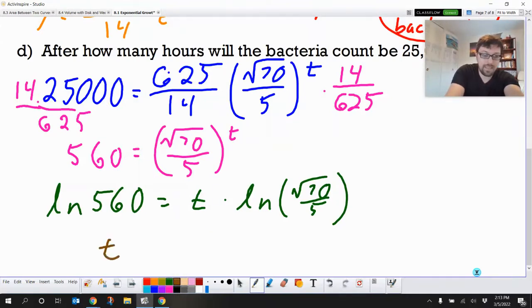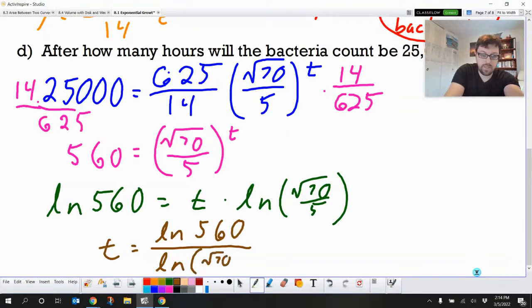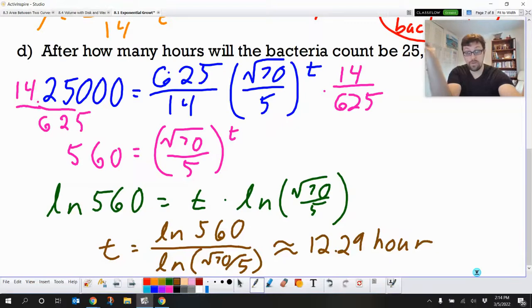So t equals the ln of 560 divided by the ln of the square root of 70 over 5. We type that into our calculator, we get a decimal approximation, which will be 12.29 hours. So after 12.29 hours, we'll have 25,000. We have a lot of bacteria after 12.29 hours.